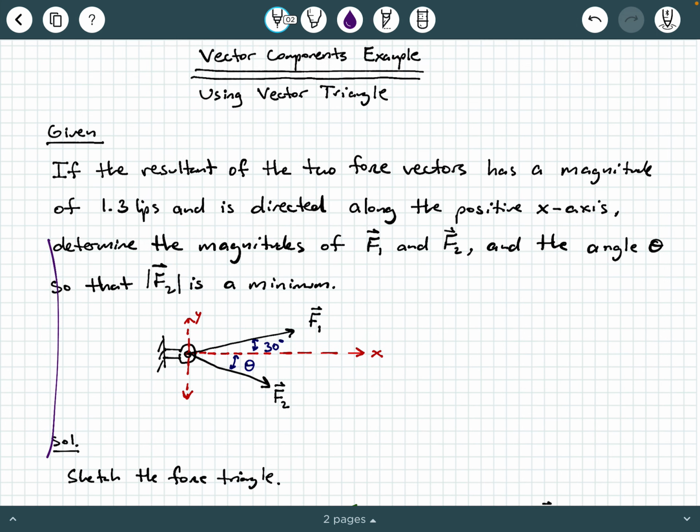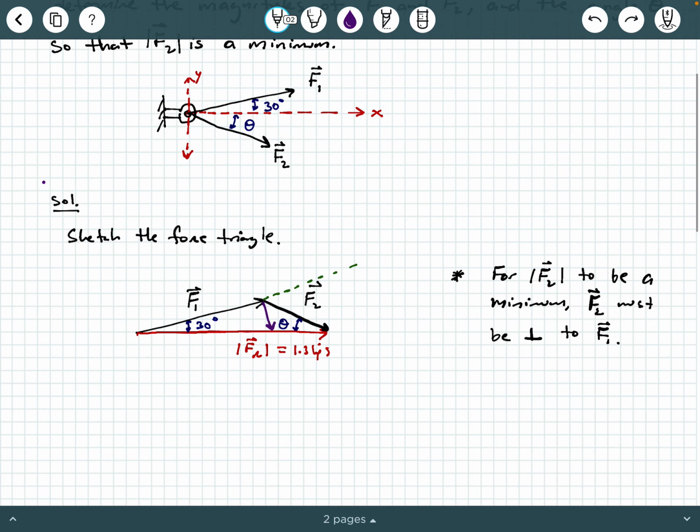Okay, let me scroll back down. Really F2 should be oriented here in purple, all right? Which means that drawing F2 at this arbitrary angle here, we need to adjust that.